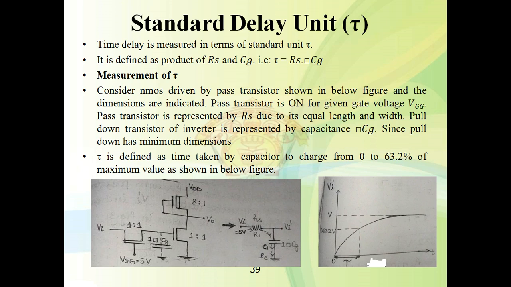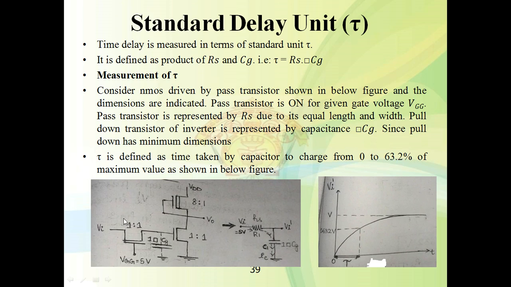For the measurement of tau, consider an nmos inverter driven by a pass transistor, as shown in the figure below. The dimensions are indicated here.